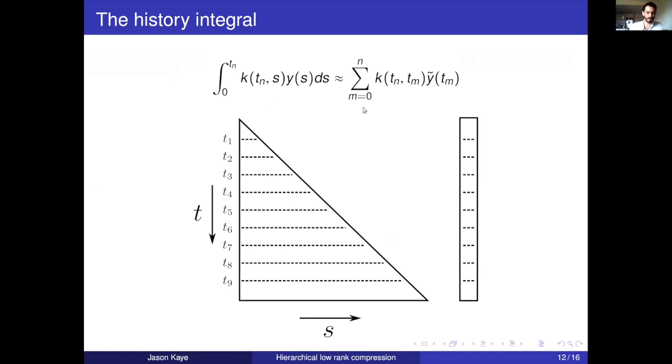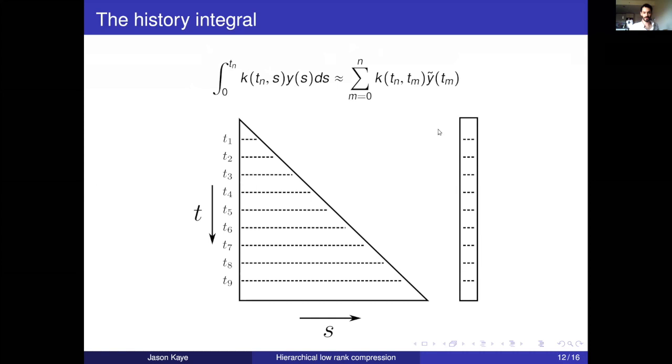How do you see that? If you fix some time Tn, this is just a dot product. You multiply this row by this column, the y's up to what you've computed so far, and that's this. And if you look at all of the n's at once, you have all of these dot products, and all of them only go up to the diagonal because you only want to sum over the history.